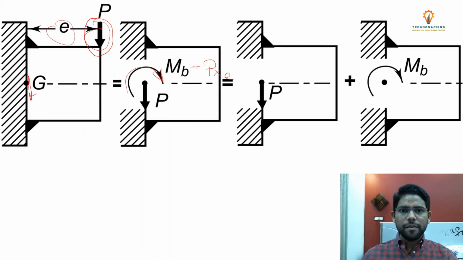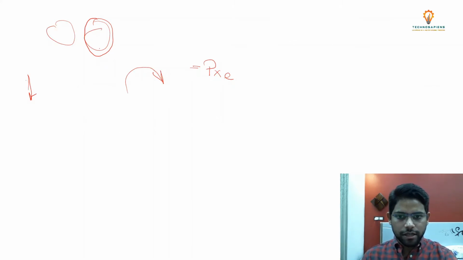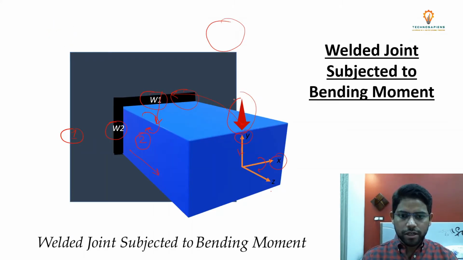Had it been in the same plane, then there would be some secondary shear stresses. As you can see in this case, this load is out of the plane, that's why the bending moment is developed like this, and because of it there will be some bending stresses in the weld.